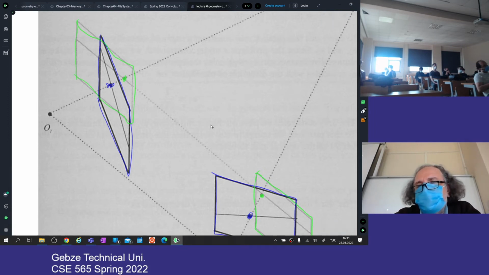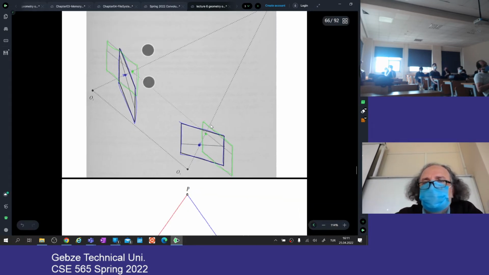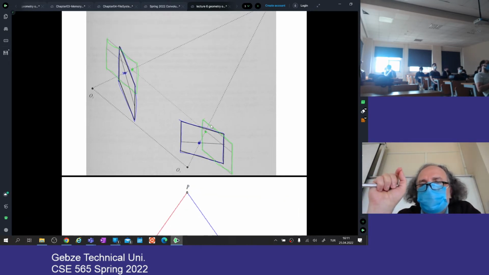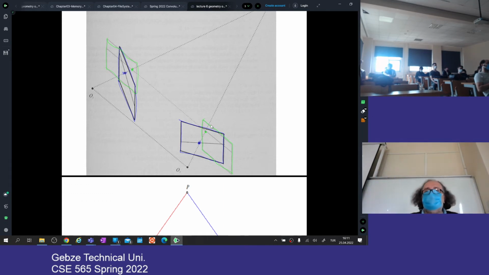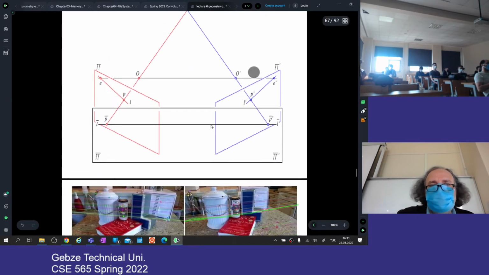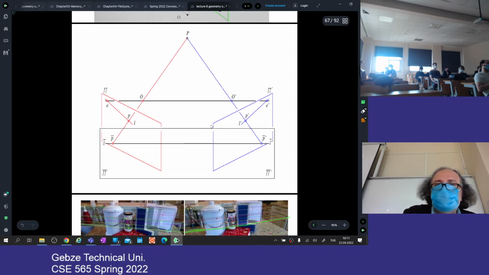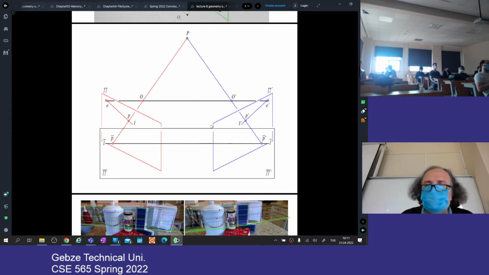Okay, so I can run my correspondence algorithms on the green images, not the blue images but the green images, and that will make my correspondence finding job a lot easier. So basically it is this. The red image and the blue image, if I rotate these images in a way that the final corresponding epipolar lines are horizontal and they correspond to each other, this procedure is called rectification.